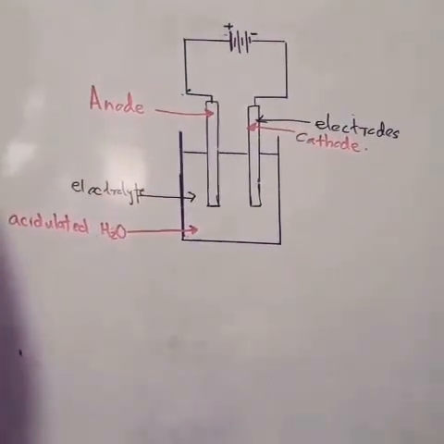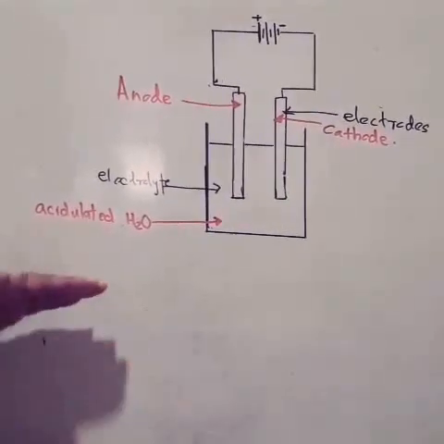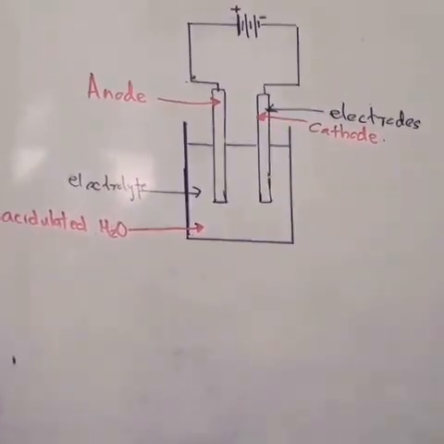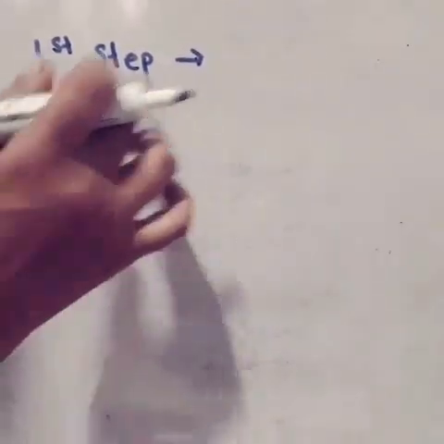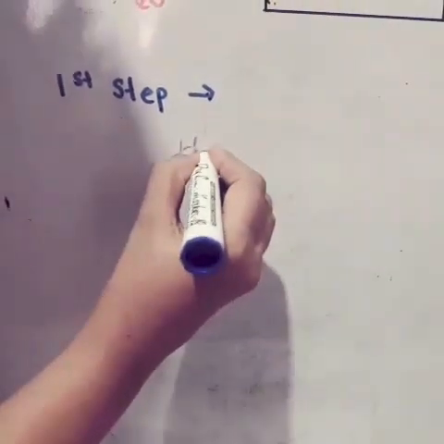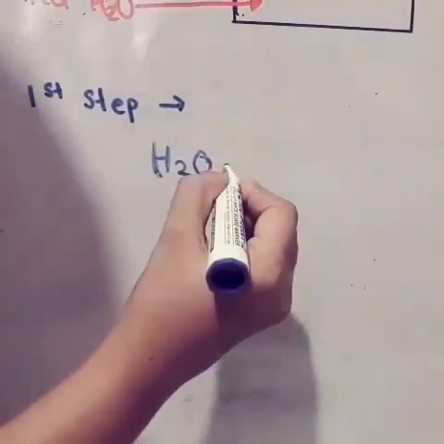Now you should know what is happening. For that, we have to analyze step by step what happens inside this. At the first step, we should know what things the electrolyte contains. The first thing is water, H2O.